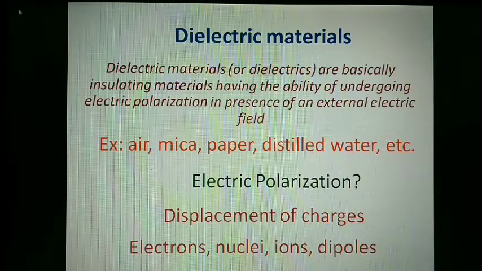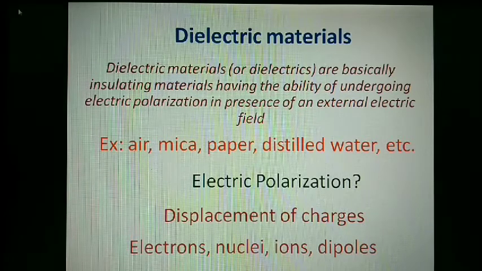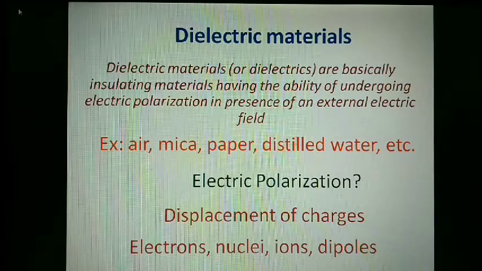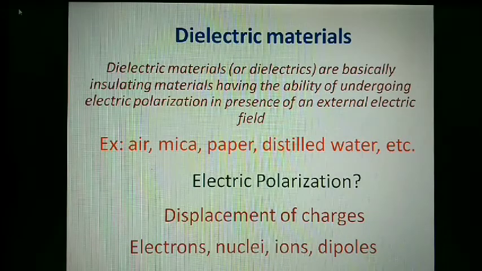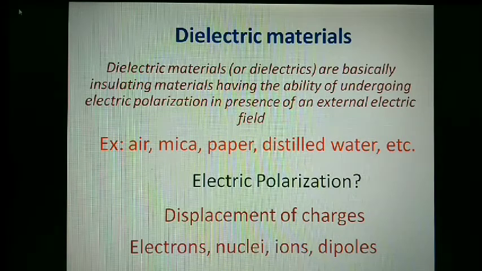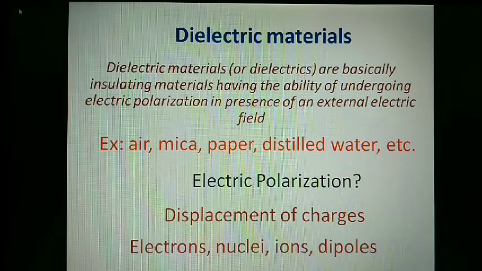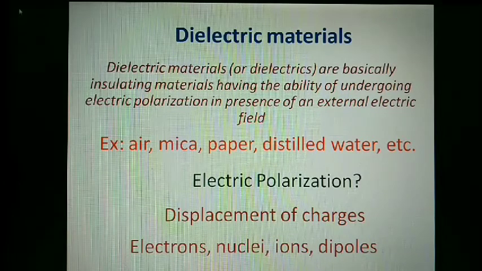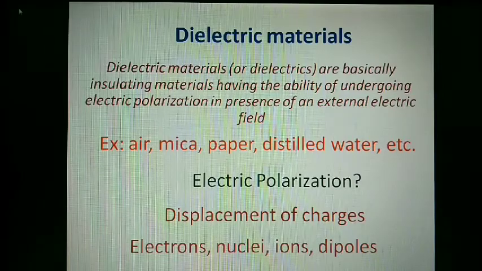Dielectric material means, as we have already understood, it is an insulating material in which free electrons do not exist, meaning the electrons do not move from one region to another within the dielectric material. They are localized. The electrons, nuclei, ions, dipoles, they are all said to be the charged particles in a given material. Now let us understand the polarization mechanism.